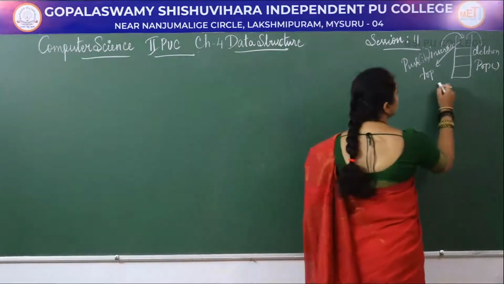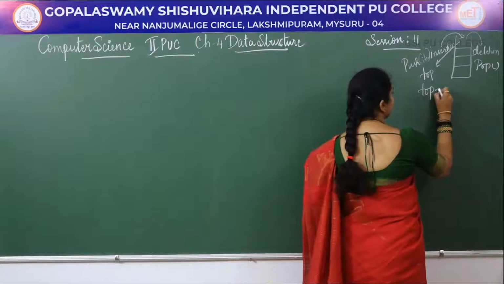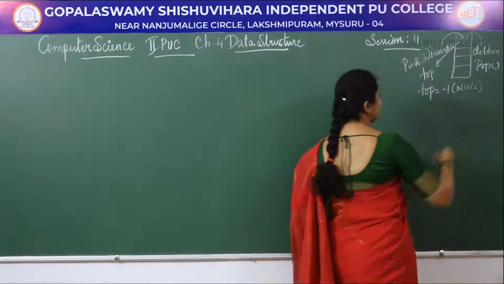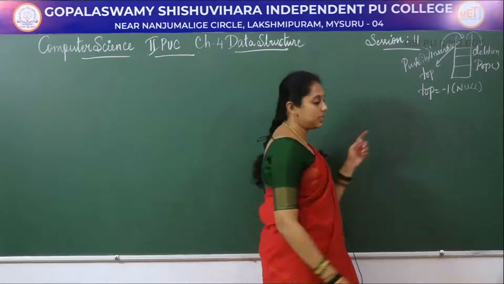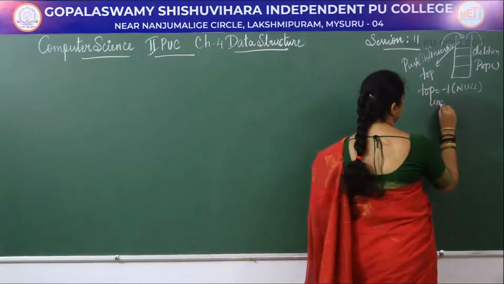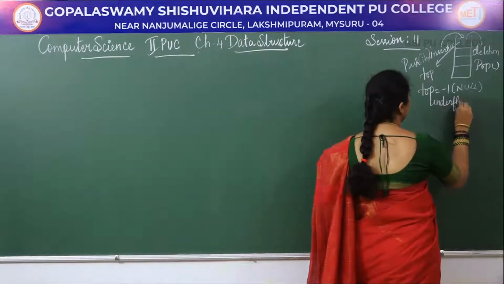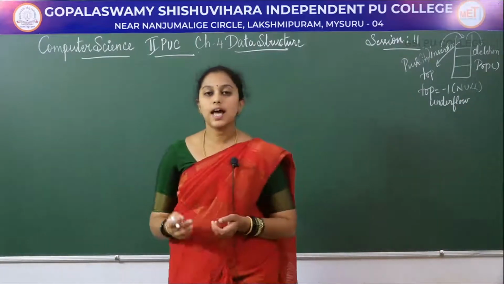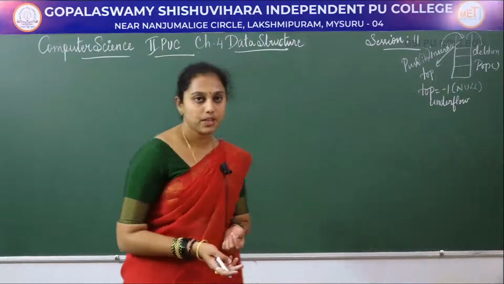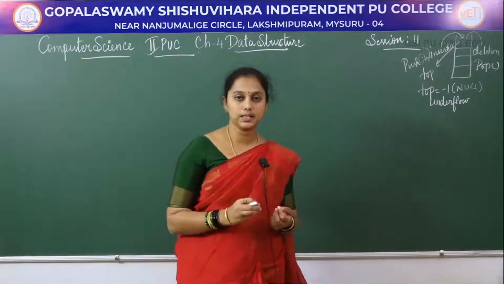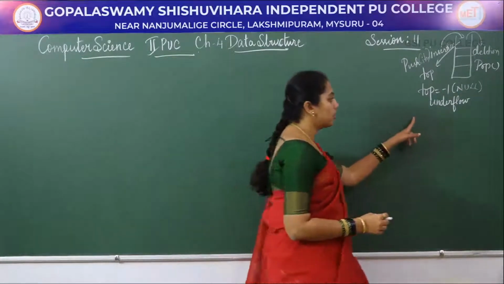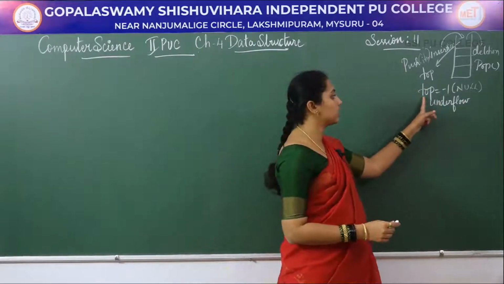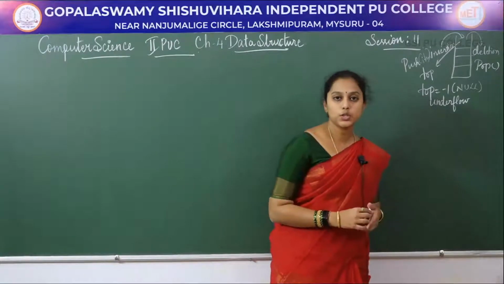So if the top of the stack is -1 or null, then it is said to be in underflow state, or we can call it the stack is empty. If the stack is completely empty, then it is called underflow state, and the condition is top is equal to -1.